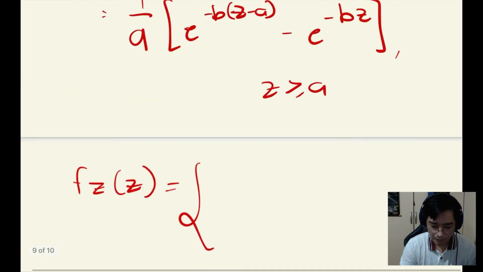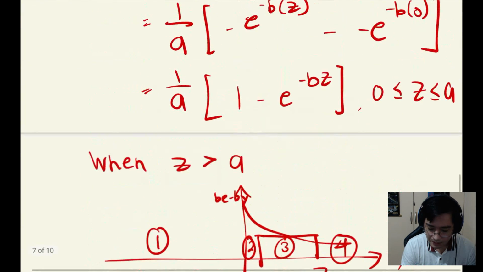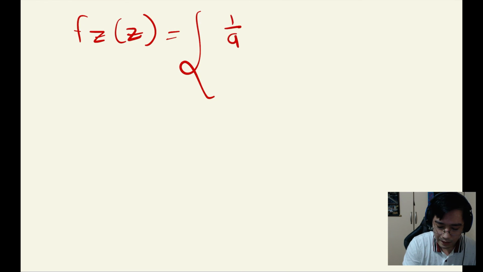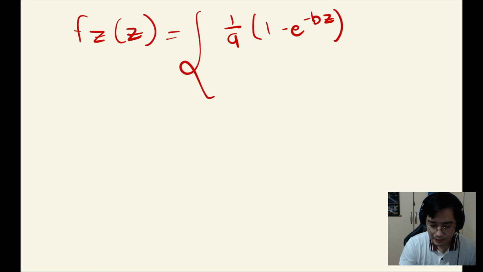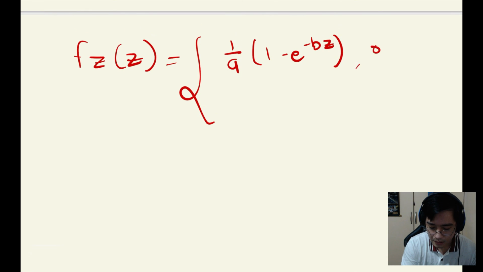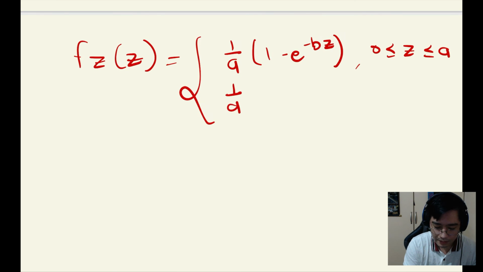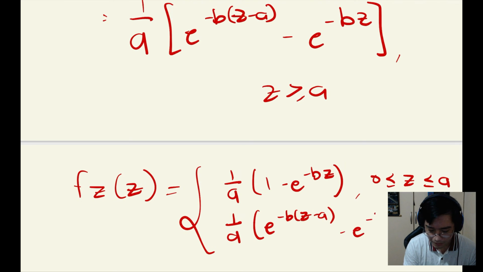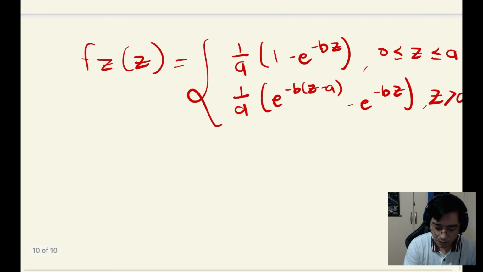So f sub z of z is equal to 1 over a times 1 minus e to the negative b z when z is between 0 and a, and 1 over a times e to the negative b times z minus a, minus e to the negative b z when z is greater than a, and 0 otherwise.